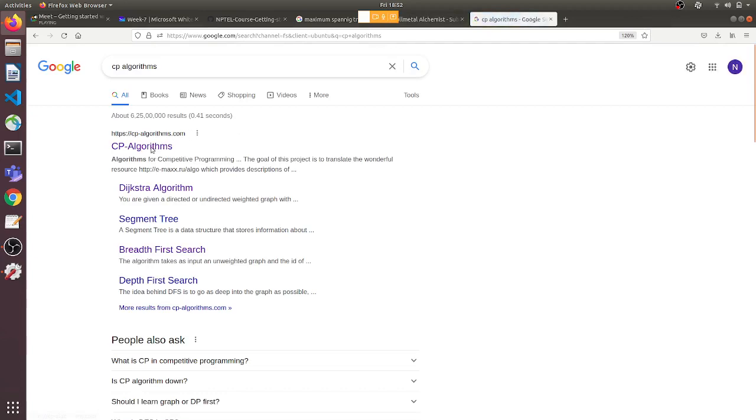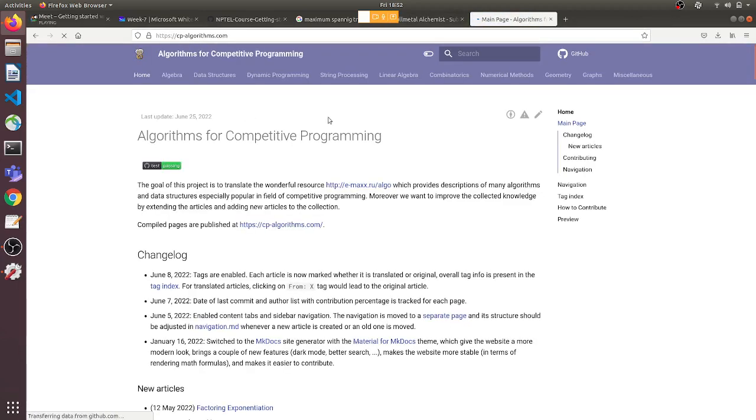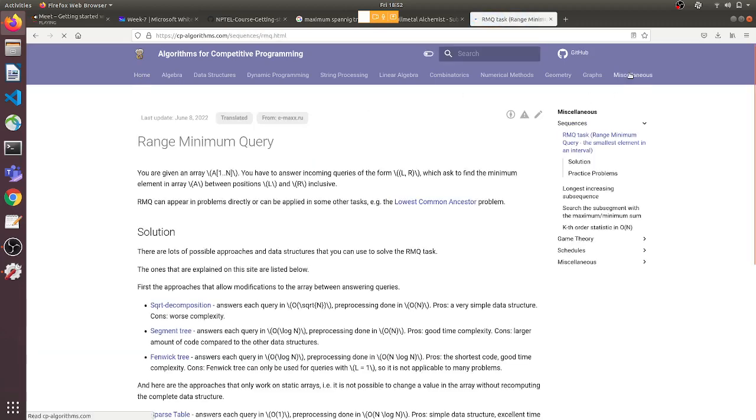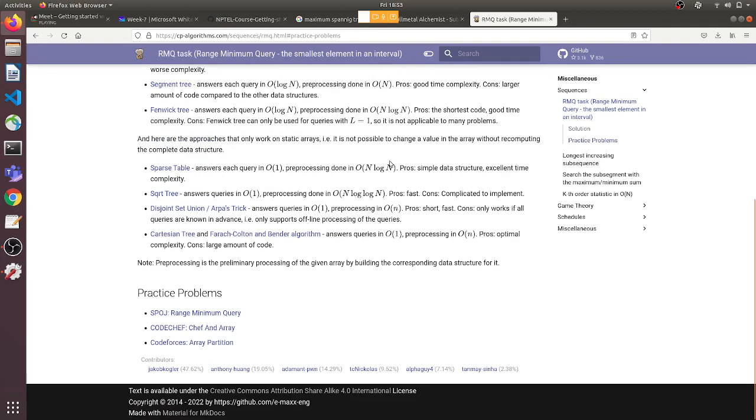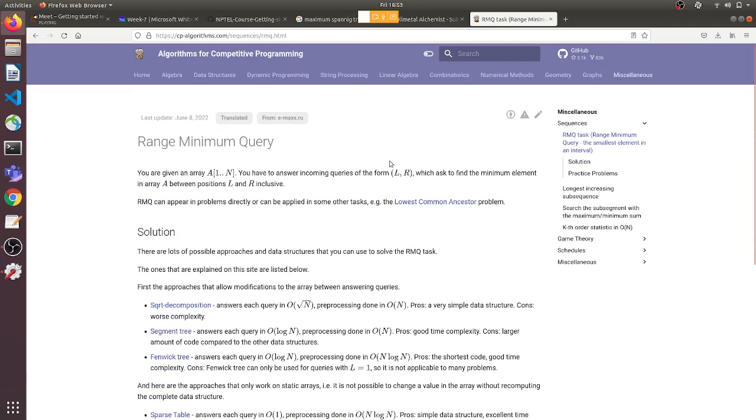Doesn't seem to be here. Okay, it's not here. I will look at some other resources.